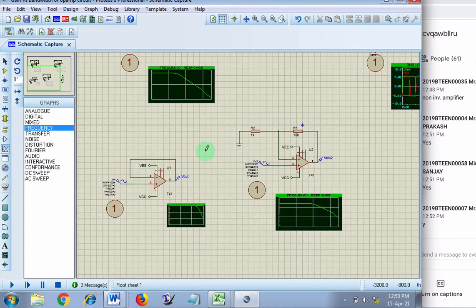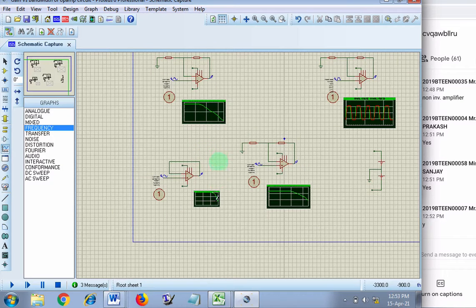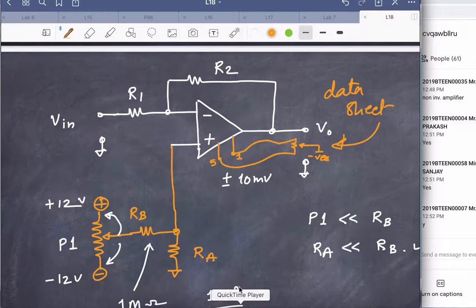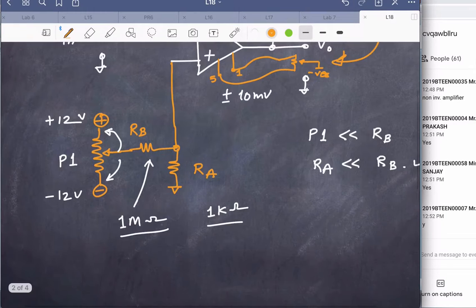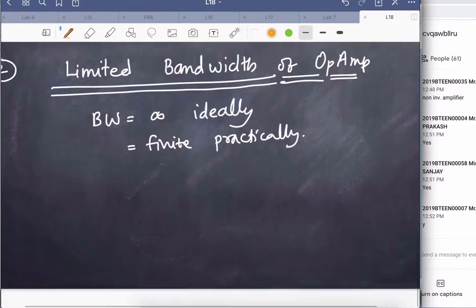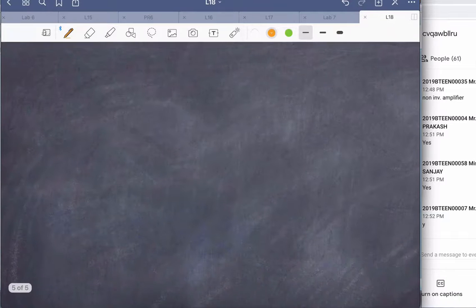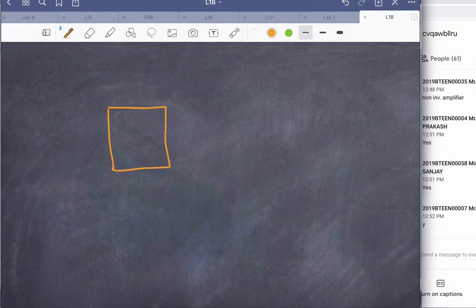Okay. If you want bandwidth and gain both, I repeat, if you want more gain and more bandwidth, then you can have a choice: stage 1, that is amplifier 1, followed by amplifier 2.